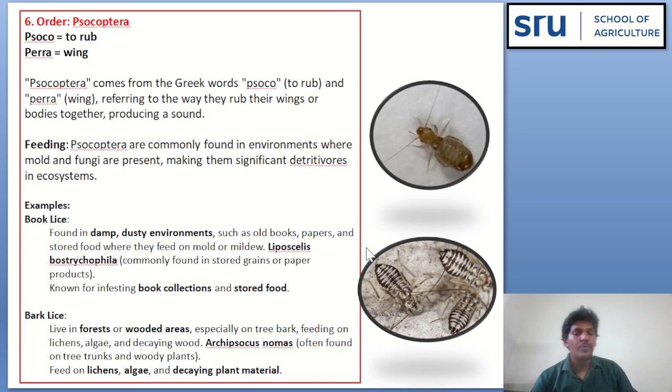Psocoptera are commonly found in environments where mold and fungi are present, making them significant detritivores in the ecosystem. Examples are book lice and bark lice. Book lice are known for infesting book collections and stored food. Bark lice feed on lichens, algae, and decaying plant materials.